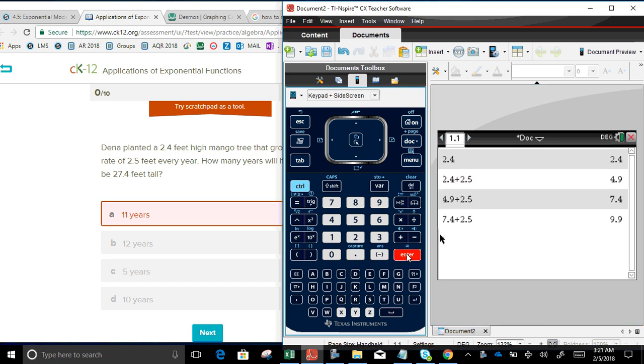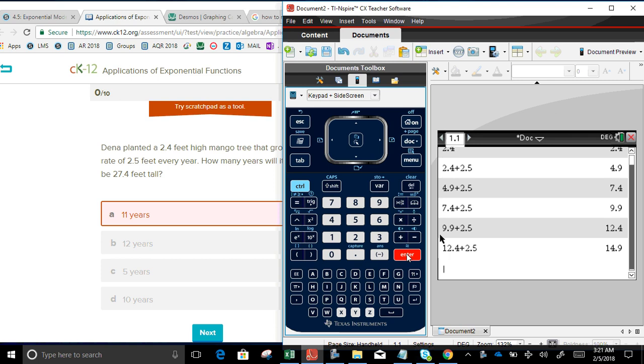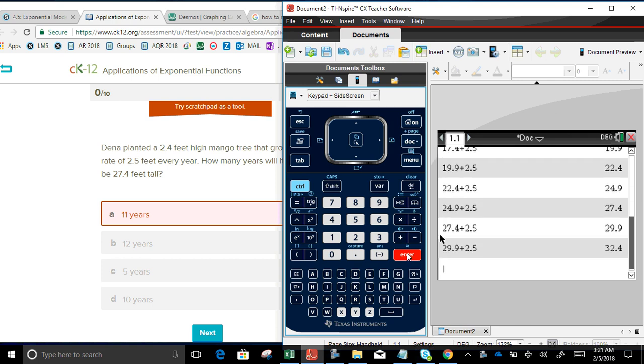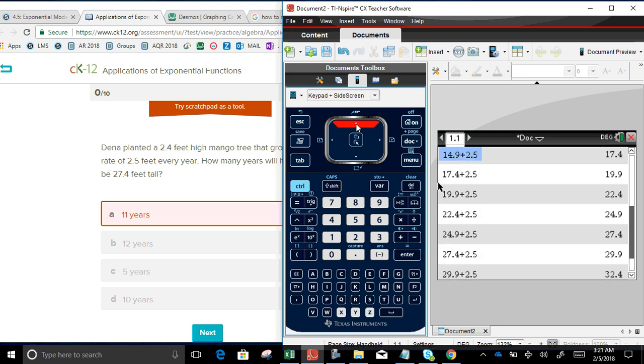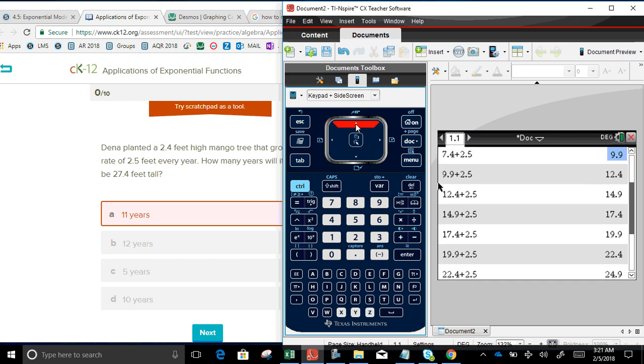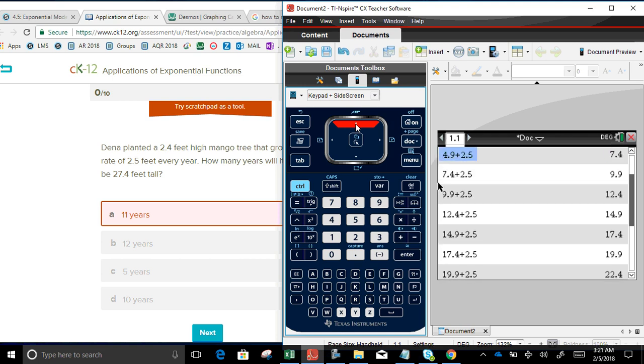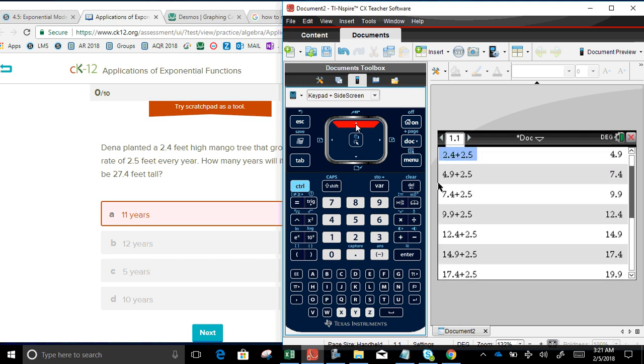We'll keep pressing enter until we get to 27.4. And count. So that would have been 1, 2, 3, 4, 5, 6, 7, 8, 9, 10. 10 years. Looks like it.